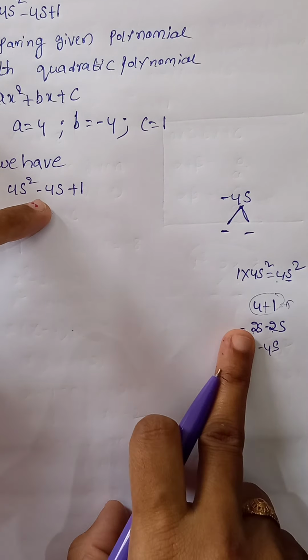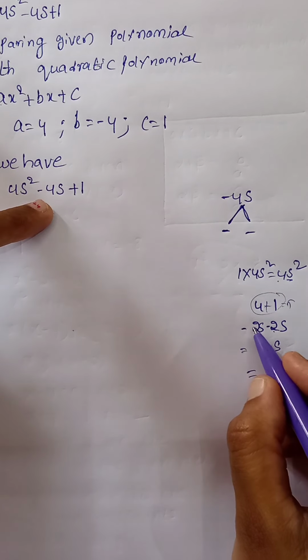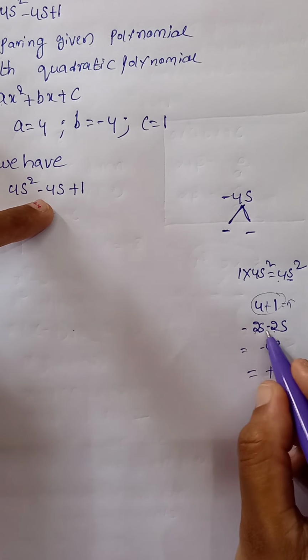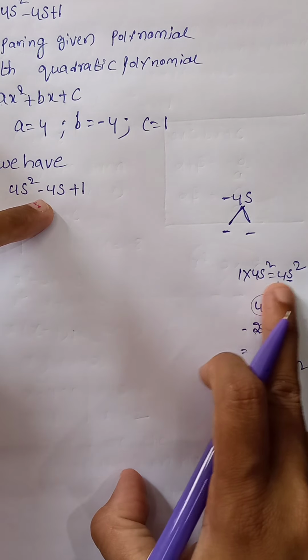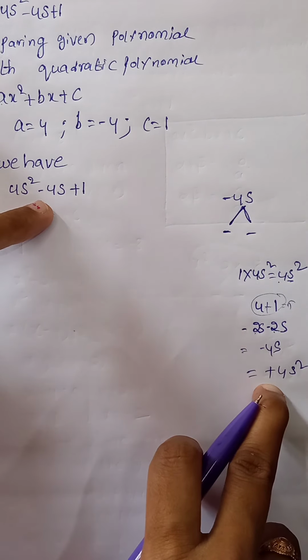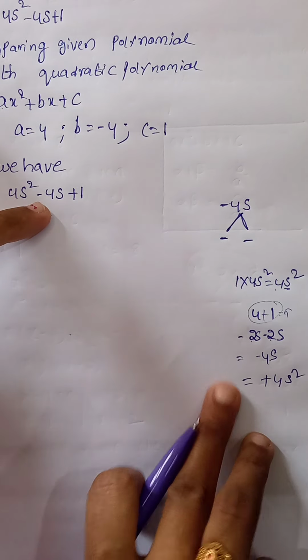When you multiply minus 2s into minus 2s, minus into minus is plus, 2 into 2 is 4, s into s is s square. So when you multiply these two terms, you get 4s square. Now we can write in place of minus 4s, minus 2s and minus 2s.